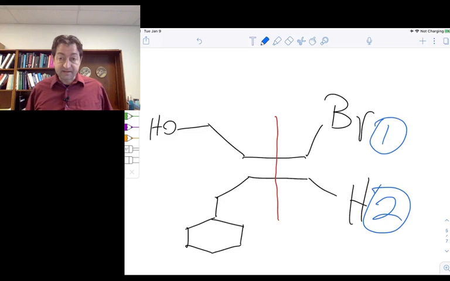Now on the left-hand side of this particular double bond, on the left-hand side of that red line, we want to take a look and decide which substituent has the highest priority. As we come out from the bottom, we see a CH2 group which in turn is attached to a cyclohexane ring.